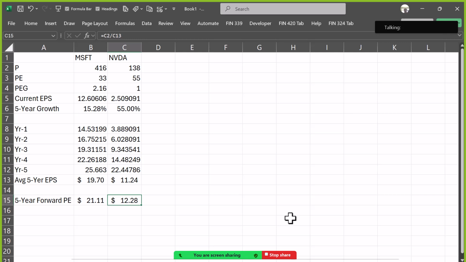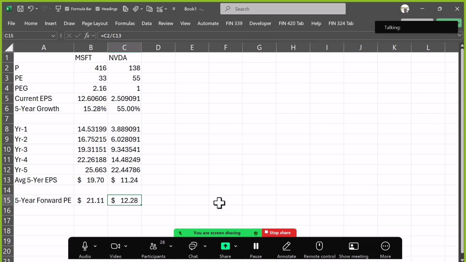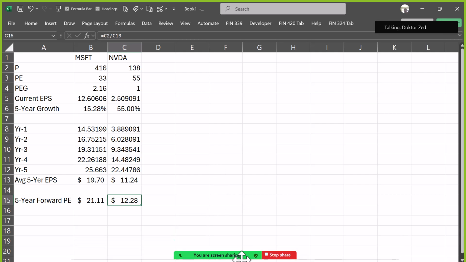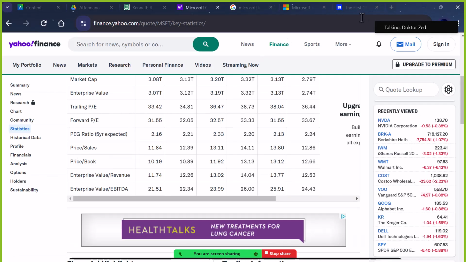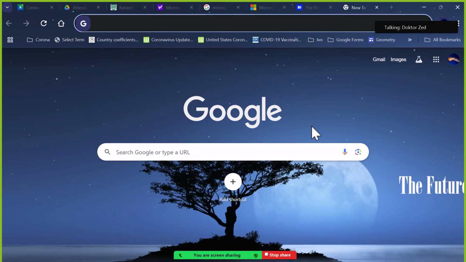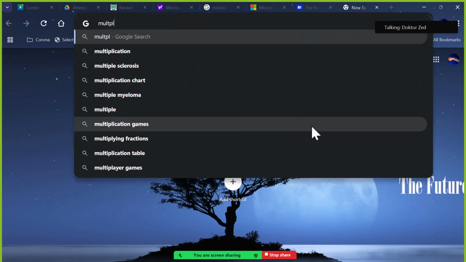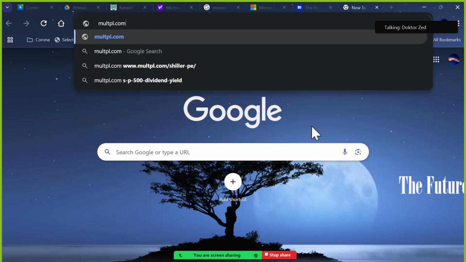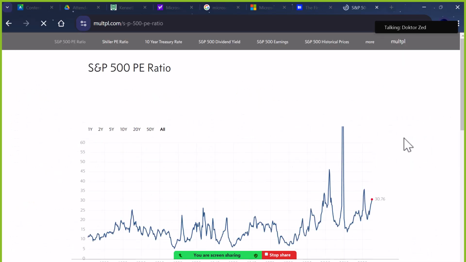Let's do a similar exercise for the S&P 500. And I'm going to get the current PE ratio from a different website for the S&P 500. This is rather useful. If you go to multpl.com, S&P PE ratio, in fact, this is the historical graph of that.